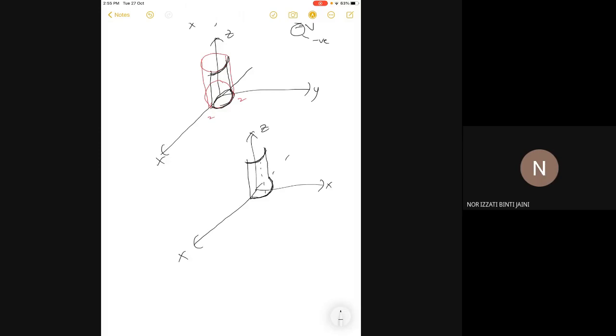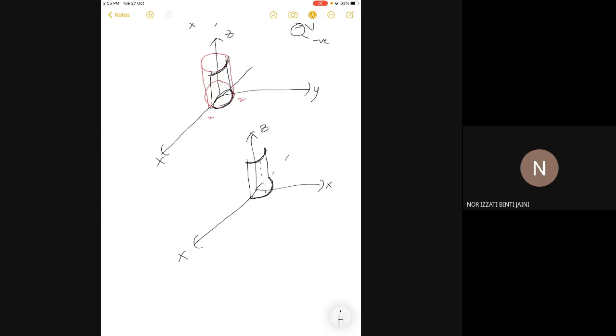Awak imagine dia punya silinder tu sekarang dipotong tengah-tengah pada paksi Y tu, memisahkan Y positif dan Y negatif. What's left is that one. So dia masih lagi 2 kat sini dan 2 kat sini. Dan sini adalah negatif 2. Faham?